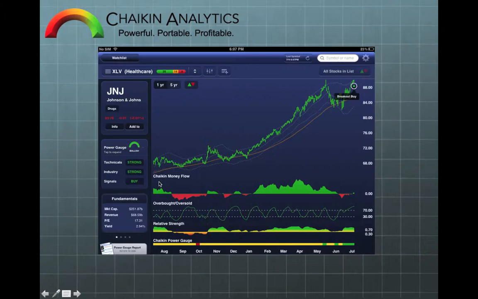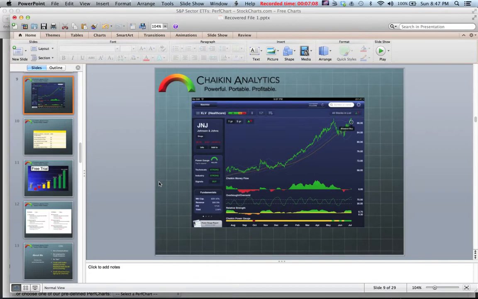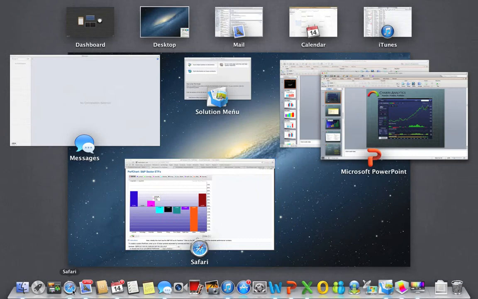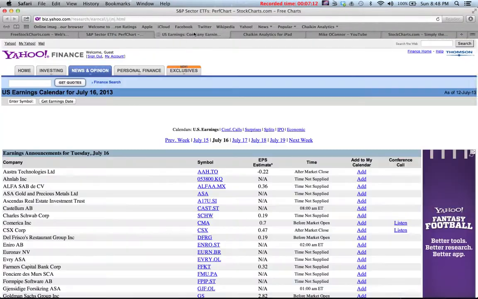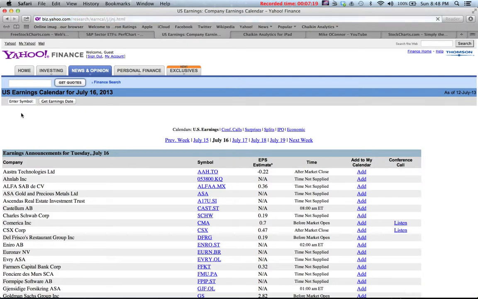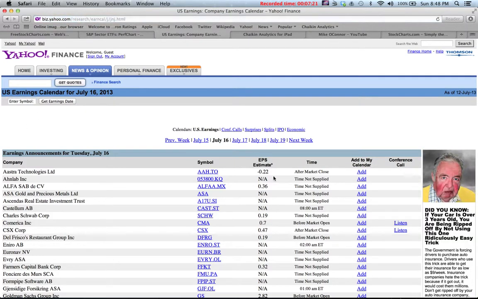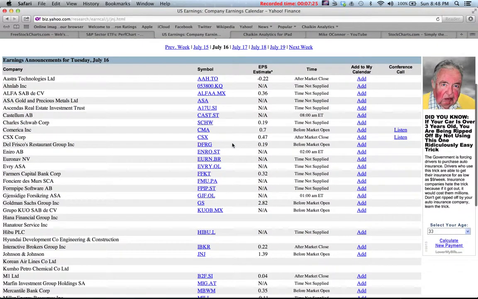But be forewarned, there's one other thing that I always do. If you were to consider taking a trade like this, you want to make sure that there is no headline risk. And one of the things that I always check is when do earnings come out? And so when I plug in Johnson & Johnson, I see that there will be an earnings announcement on July 16th.